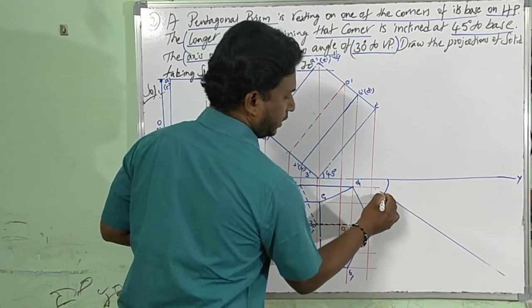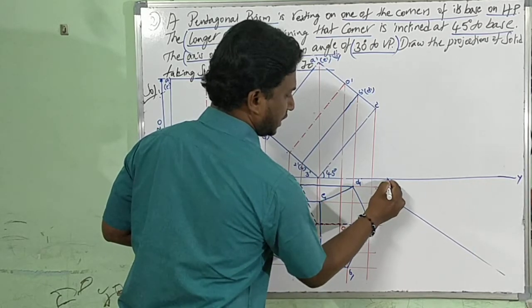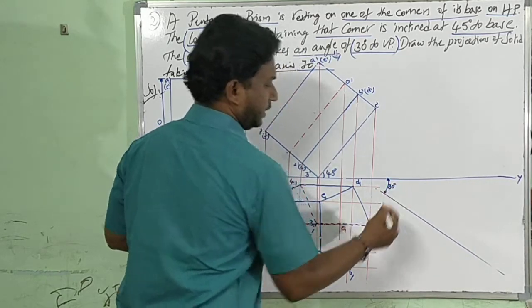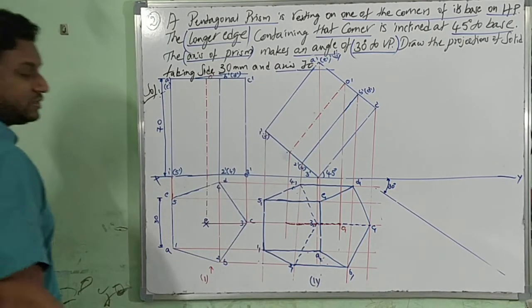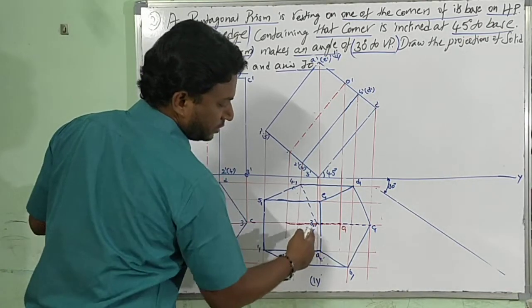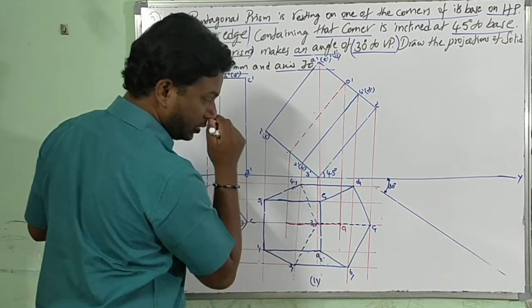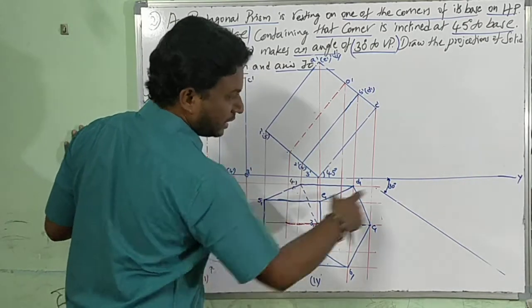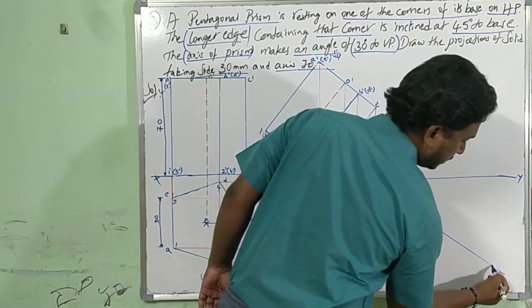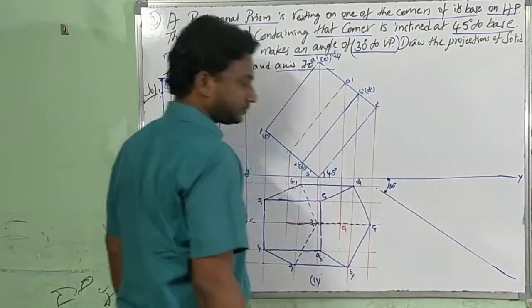I have drawn a line which is at an angle of 30 degrees. Now which has to be that 30 degrees? This line 3-1-C1. Now with respect to this line, I have to reconstruct the entire thing here. This is the important task.